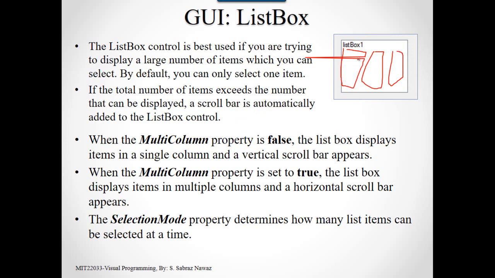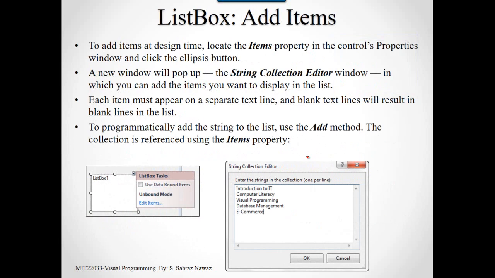In that case, if the box is unable to accommodate all items, you will automatically see a horizontal scroll bar appearing. So that is the character of the Listbox. And as I told previously, the selection mode property determines whether you can select multiple items or a single item at a time. By default it allows you to select only one item. That's how the Listbox works.